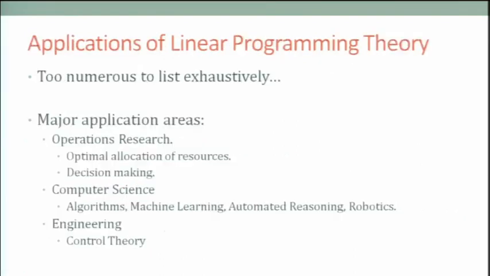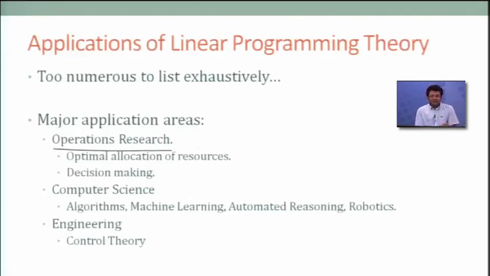Okay, so applications of linear programming theory are too numerous to list exhaustively. Everyone who does their PhD in engineering, some form of control, some theoretical computer science, has to do something with linear programs. It's inescapable, really. The major application areas are operations research, where it turned out to completely revolutionize the way things were done, computer science, if you take any kind of algorithms, and more recently machine learning, automated reasoning, robotics.